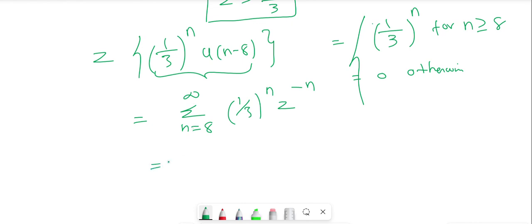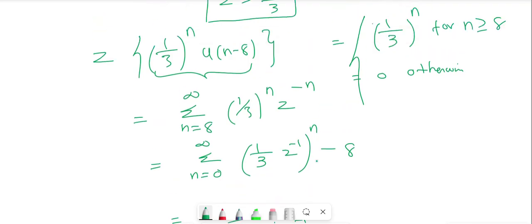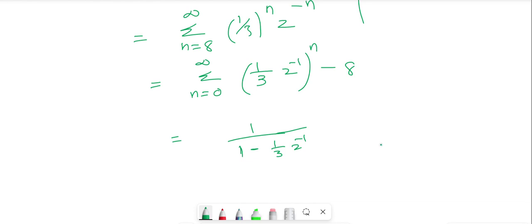Now this can be written as summation from n equal to 0 to infinity of ((1/3) z inverse) whole power n minus 8. So this can be written as 1 by 1 minus (1/3) z inverse. But for ROC, note that the modulus of z should be greater than 1/3.